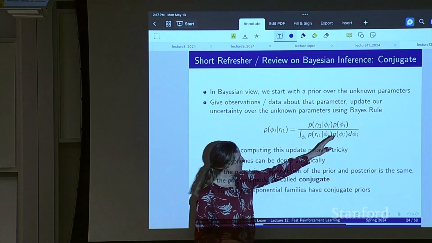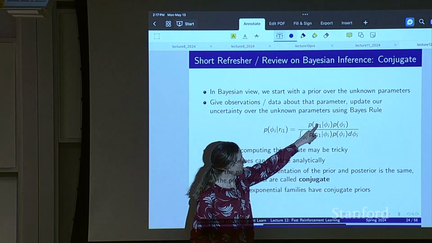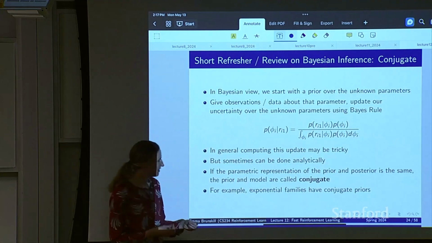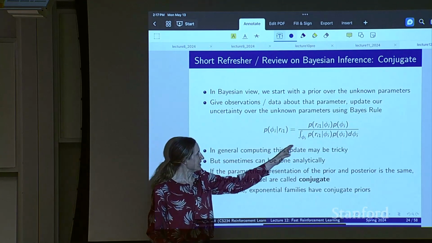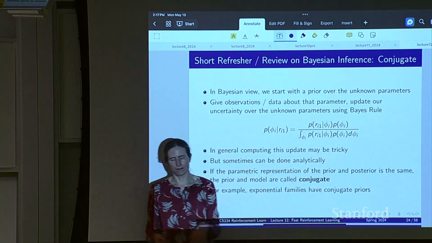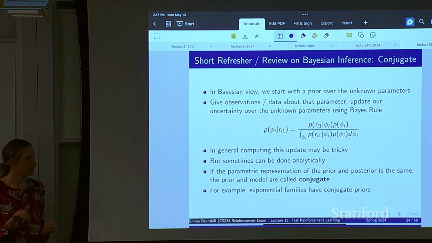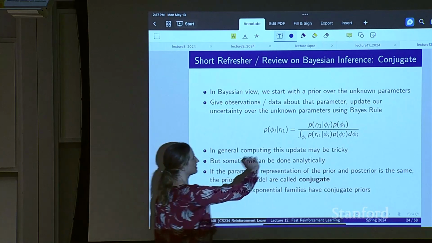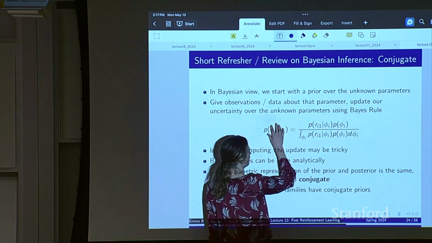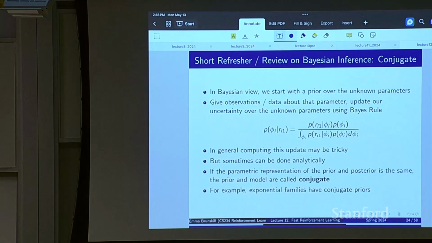If you have a representation of your prior that is conjugate with, this is often called your likelihood function, then after you do all of this updating, this new thing is in the same statistical family as what it was before. We'll see some specific examples of this in a second. The high level, really beautiful idea in this case is that it's analytic. When you do all of this, let's say this was initially a Gaussian, this is still going to be a Gaussian if you use conjugate priors.